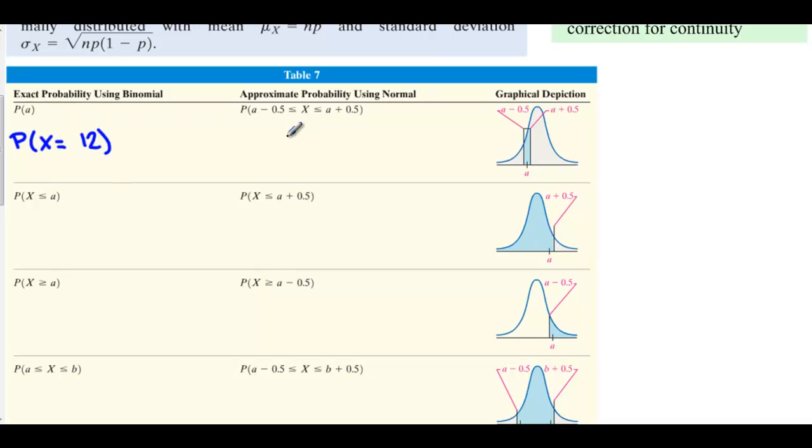Then whenever we translate that over, having just 12 is no area. Because again, we're looking for the area under the curve. So we're going to go half above and half below. So really what I want is the probability that x is between 12 and a half. So there's my half above, and then I need to go half below. So 11.5.